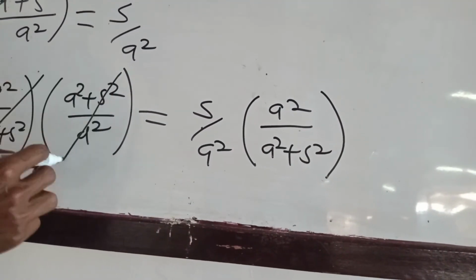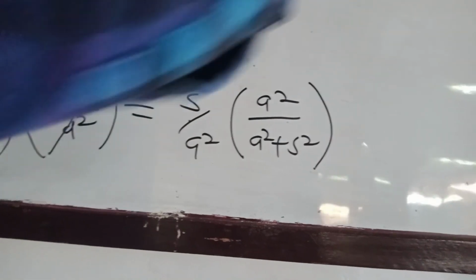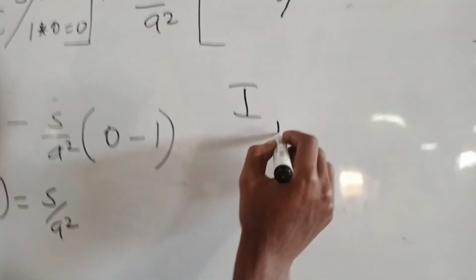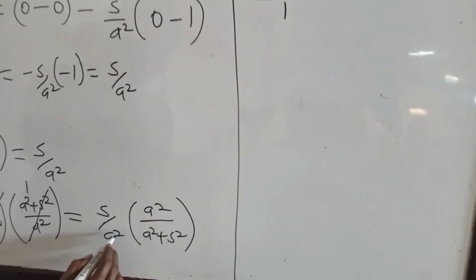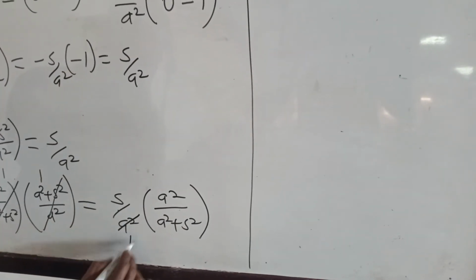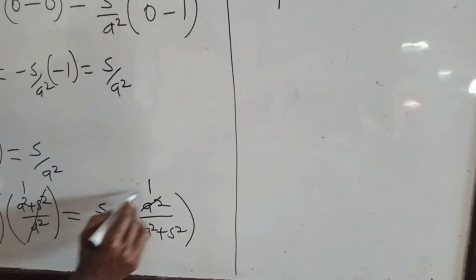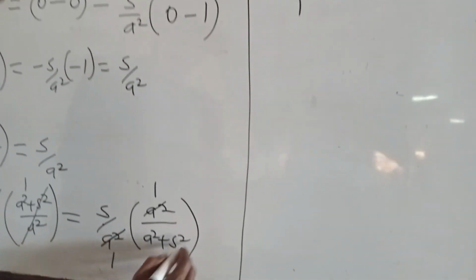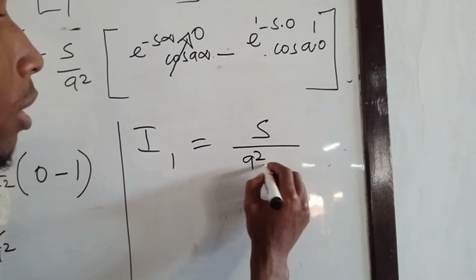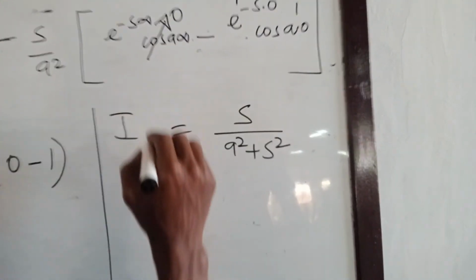So this one and this one, they cancel and give you 1. So I1, our integral, we cancel here, a squared 1 by a squared 1. S times 1 is equal to s. Then you remember that there is a squared plus s squared.